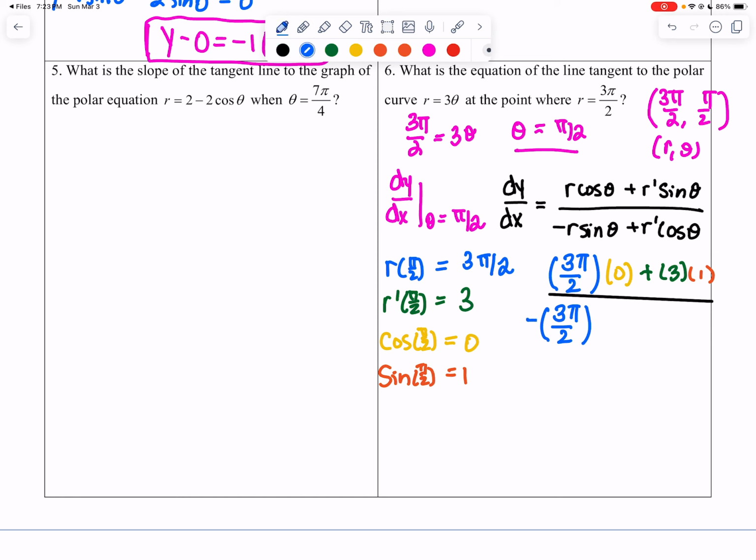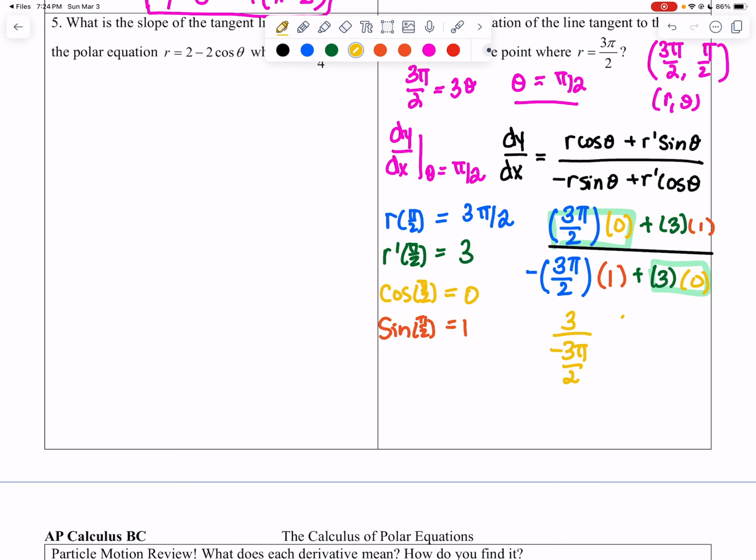Sine of pi over 2 is 1. R prime of pi over 2 is 3. And then, of course, cosine of pi over 2 is 0. You'll notice that this right here and this right here will cancel out. So now you're left with 3 over negative 3 pi over 2. What we are going to do here is try to simplify this a little bit to make it prettier. That's going to be the same thing as 3 times negative 2 over 3 pi. Cancel out the 3's. So now you're just left with negative 2 over pi.